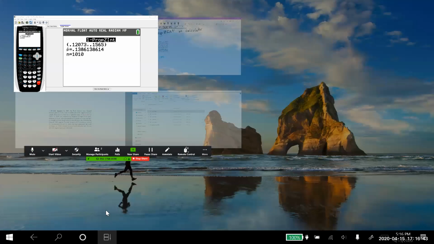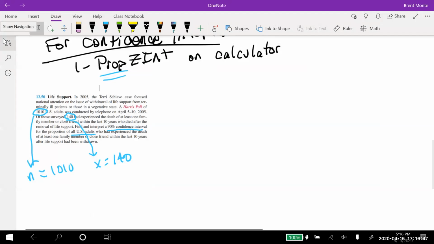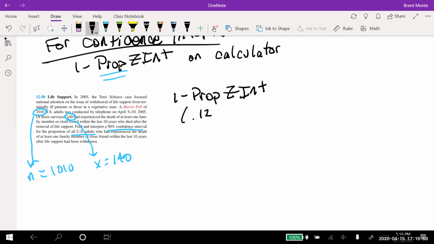So anyway, let's go enter those in onto our sheet. If we were doing the homework online, of course, we would enter them onto our online work. But let's just write this down. So our interval that we got, it was a one prop Z interval. And we got 0.12. I don't know why I asked how many decimals they go to, because we're not putting this in on the homework. And 0.1565. So we're going to word this.